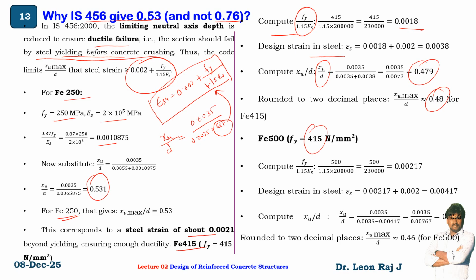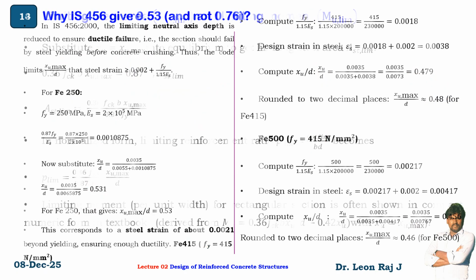For Fe415 you get Xu max by D value equal to 0.46. The same formula is used here: Xu by D equal to 0.0035 divided by 0.0035 plus epsilon st.